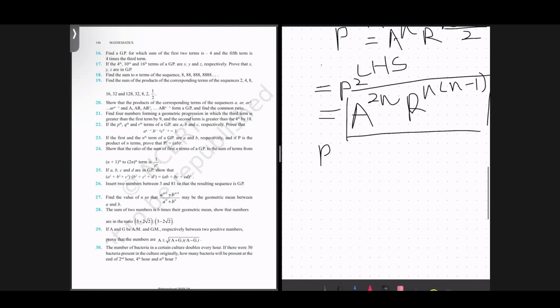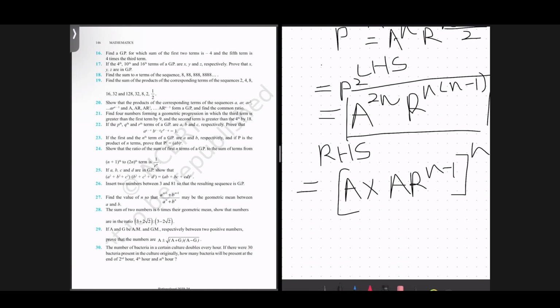Now for RHS, you have a into b raised to the power n. So RHS, you have a, which is the first term of the GP. B has been given to us as the nth term of the GP, and that is going to be a r raised to the power n minus 1. This entire multiplication has been raised to the power n.